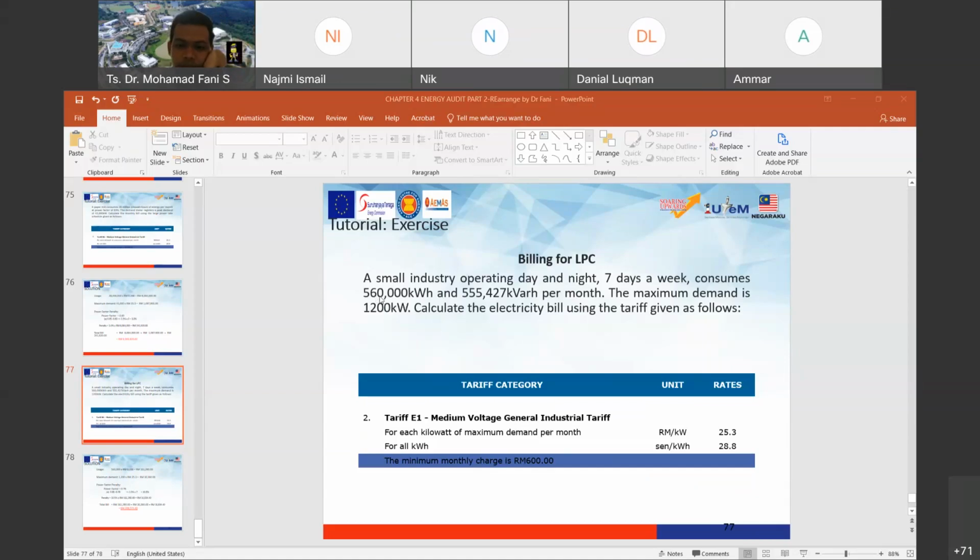This one is per month, so it is the energy consumption and reactive power per month. The maximum demand is 1,200 kilowatt. So calculate the electricity bill using the tariff given as follows.